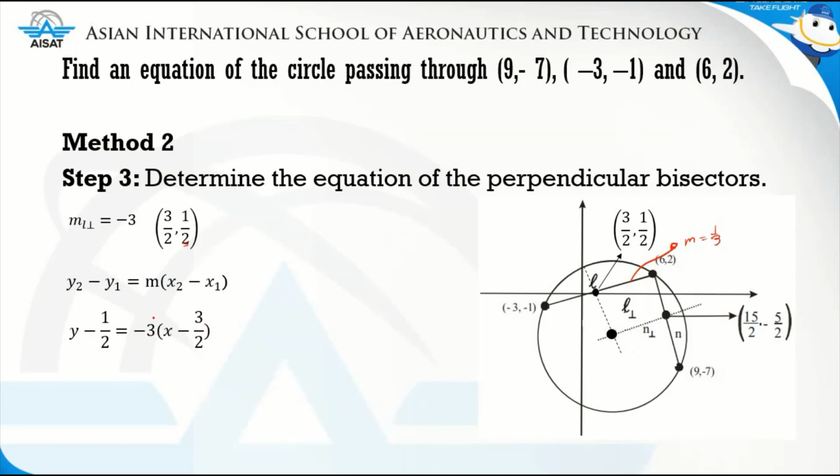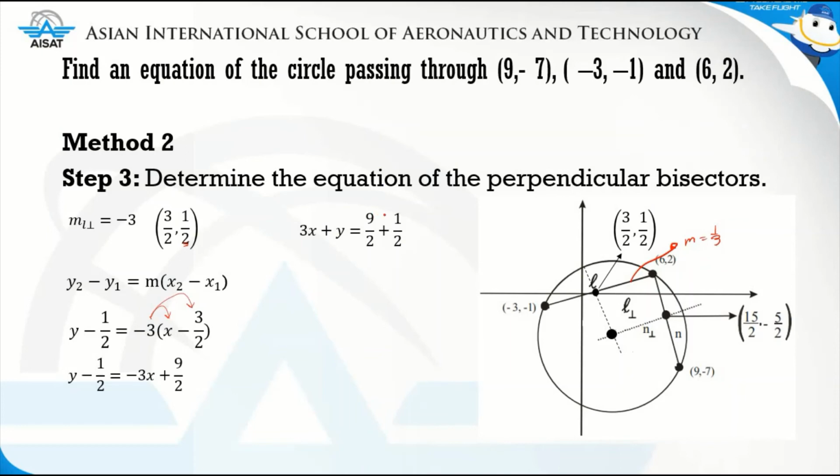Next we have to distribute negative 3 inside the parenthesis, so we will have y minus 1/2 is equal to negative 3x plus negative 3 times negative 3/2, so that's plus 9 over 2. Next we transpose all the constants on the right-hand side and all the terms containing variables on the left.